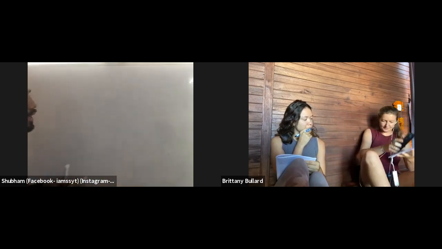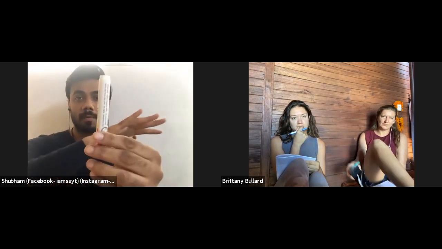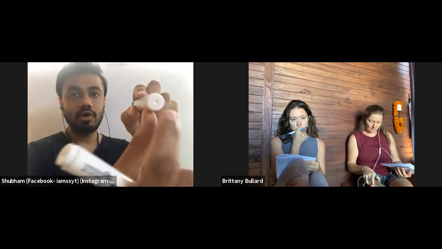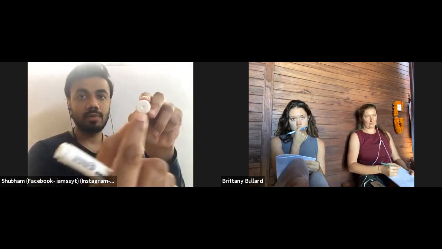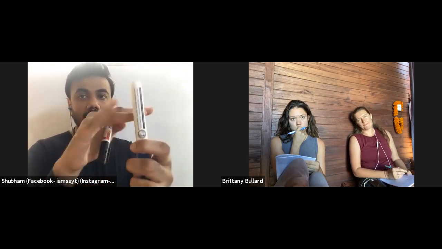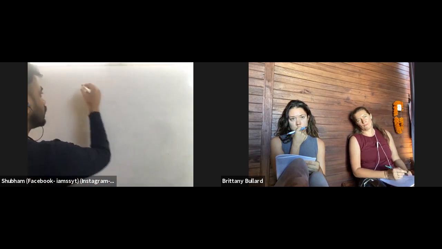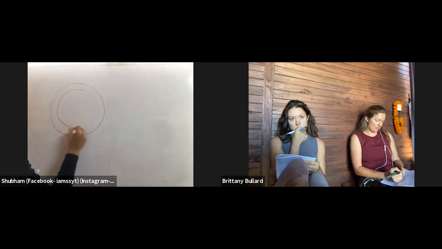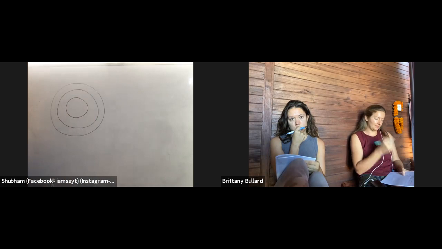Now we will see, if we cut this bone, the bone will be like a cross section, the circular bone, and this is how the cross section of the compact bone looks.